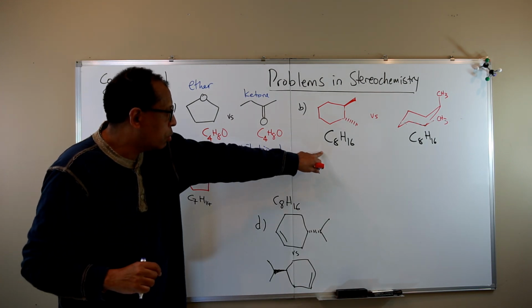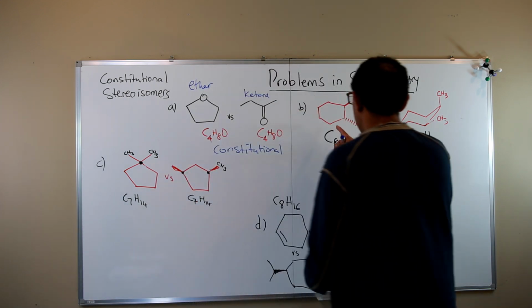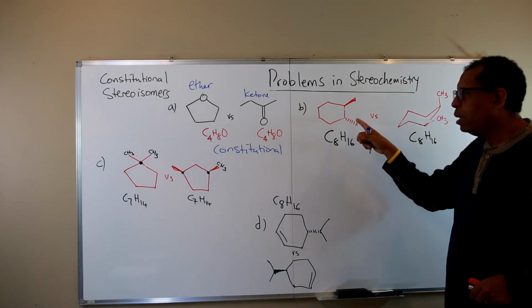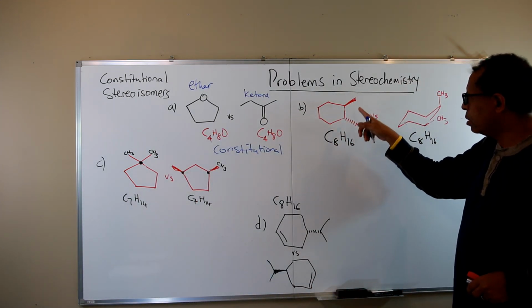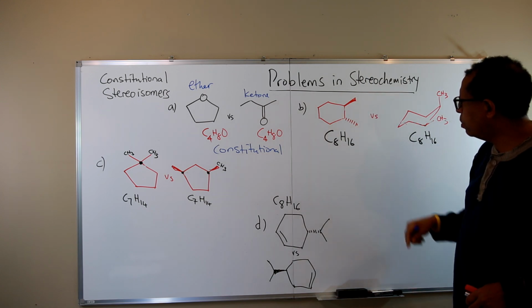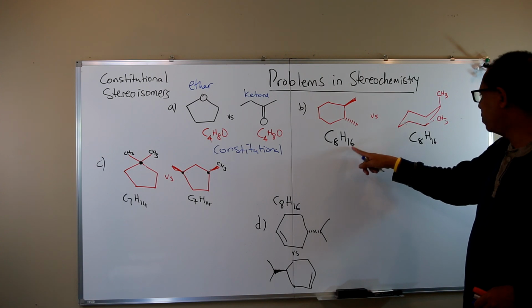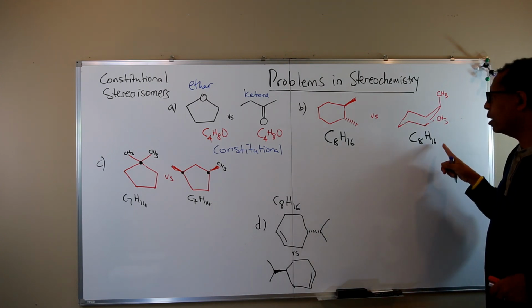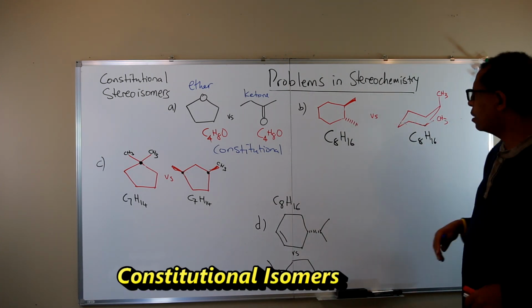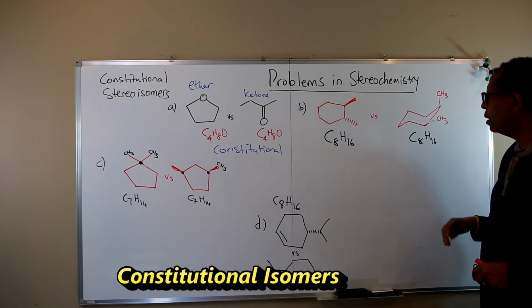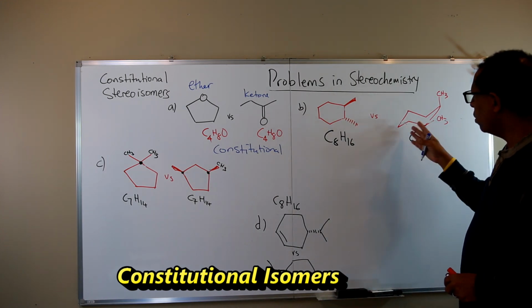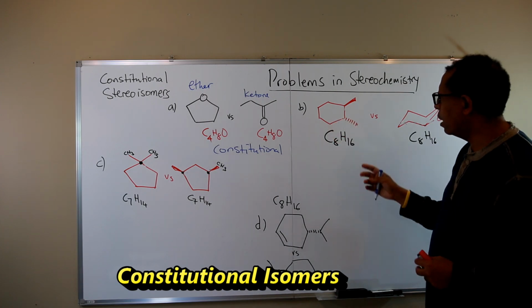So when you go to B, you have a cyclohexane ring that's doubly substituted. That's methyl group and methyl group with a formula of C8H16. This is also C8H16. So they have the same chemical formula. And let's see how they are also constituted in terms of bonding.